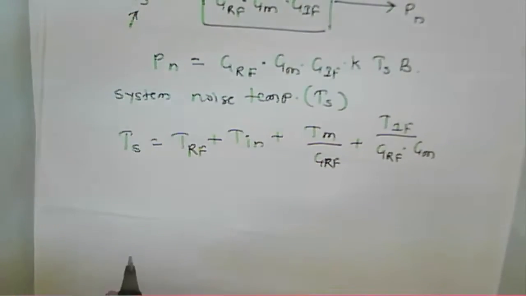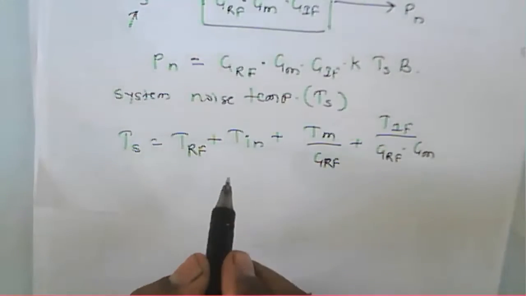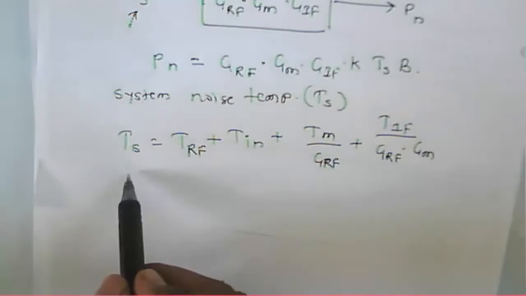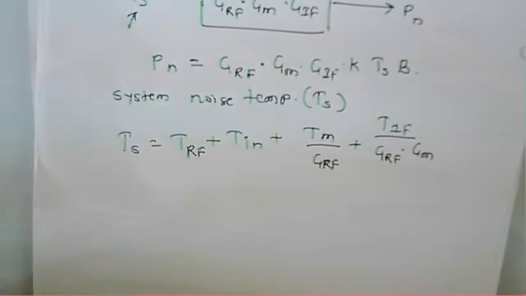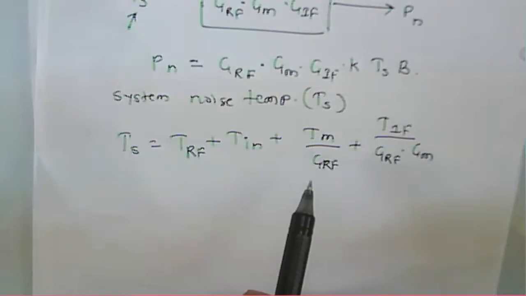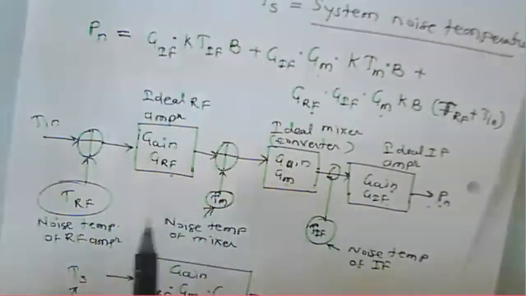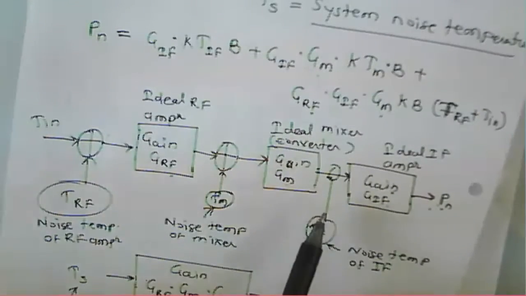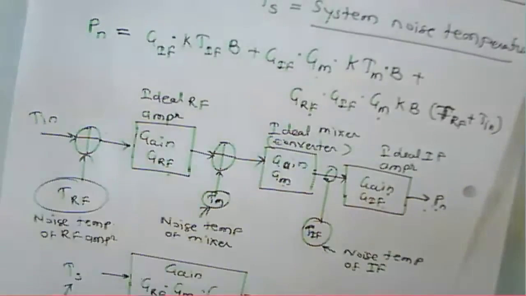Now this gives only, what we can say, the noise source with a temperature that will be present at the input of the RF amplifier, and that will generate a noise power at the demodulator. That is the PN. And here we have seen the individual noise sources for each and every component, and this gives us the system noise temperature.